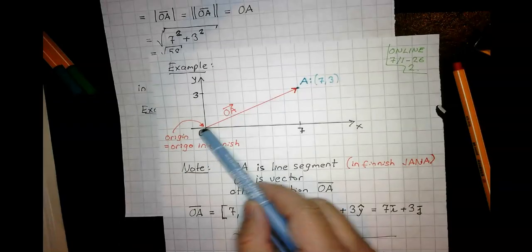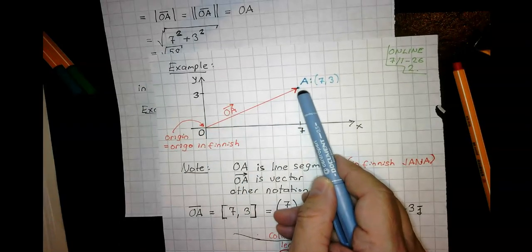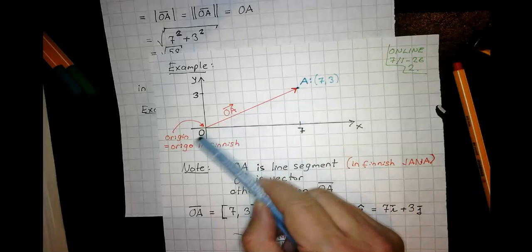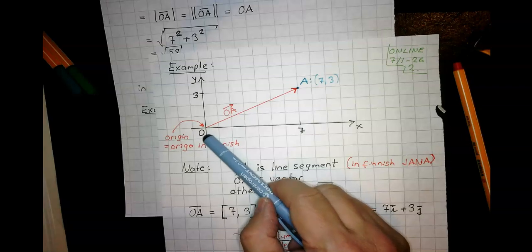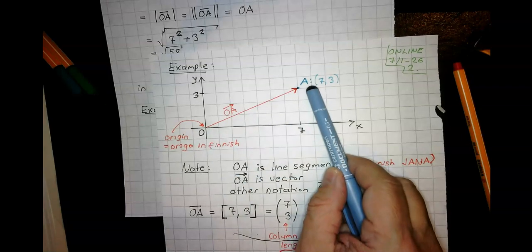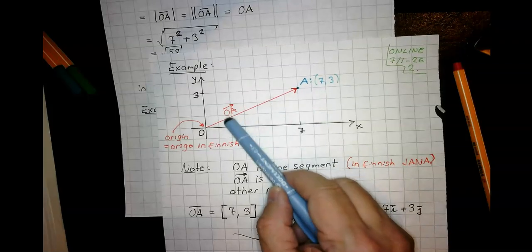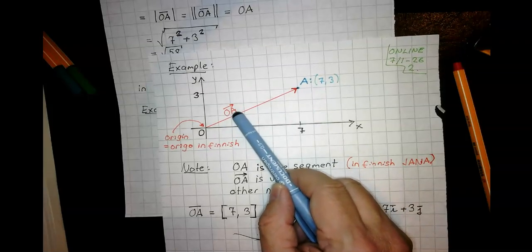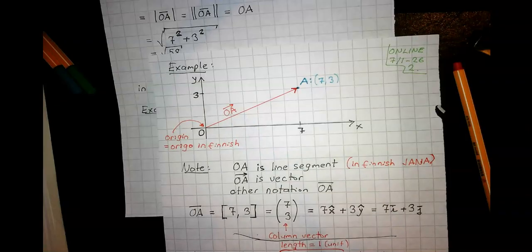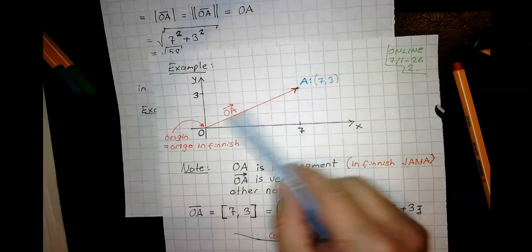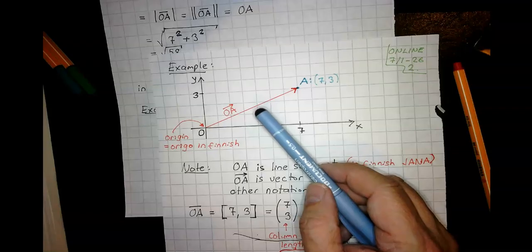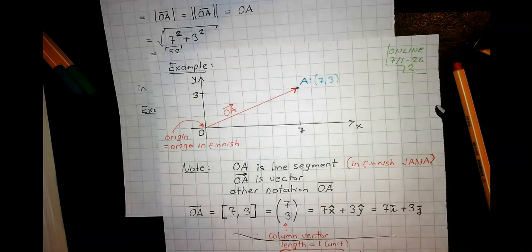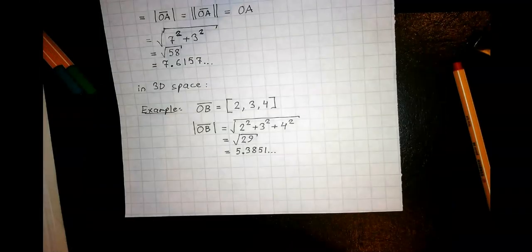So when we have the starting point and ending point of that vector, we mostly use uppercase letters there, big O and big A. And then we use this OA notation there. But if we want to simplify that so that we name the vector with only one letter, for example A or B or C or whatever, for example V, then we mostly use the lowercase font there.